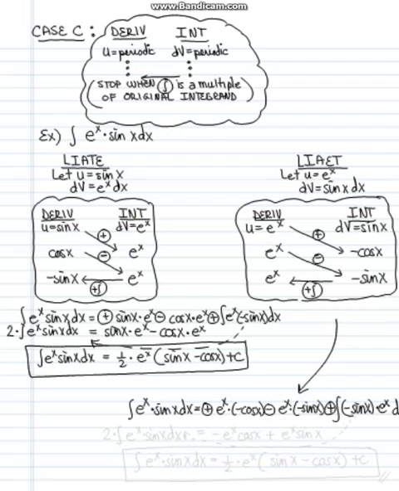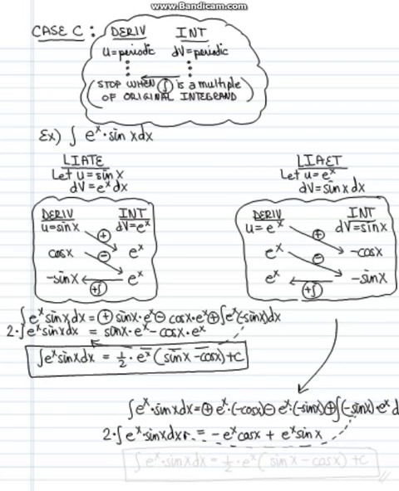So just like last time, we simplify this as a negative e to the x cosine x. Minus and minus is plus e to the x sine x. But then we bring this guy over to the other side, and we get two of these guys. 2 times the integral of e to the x times sine x dx.